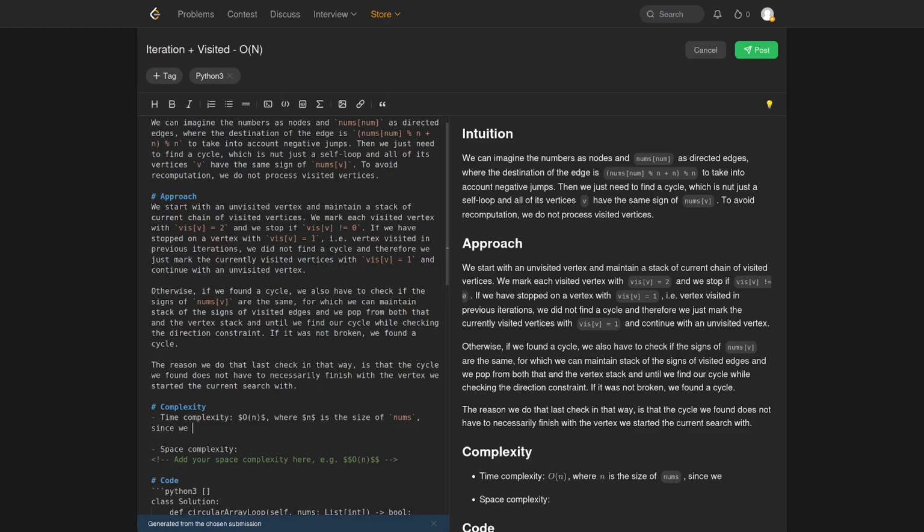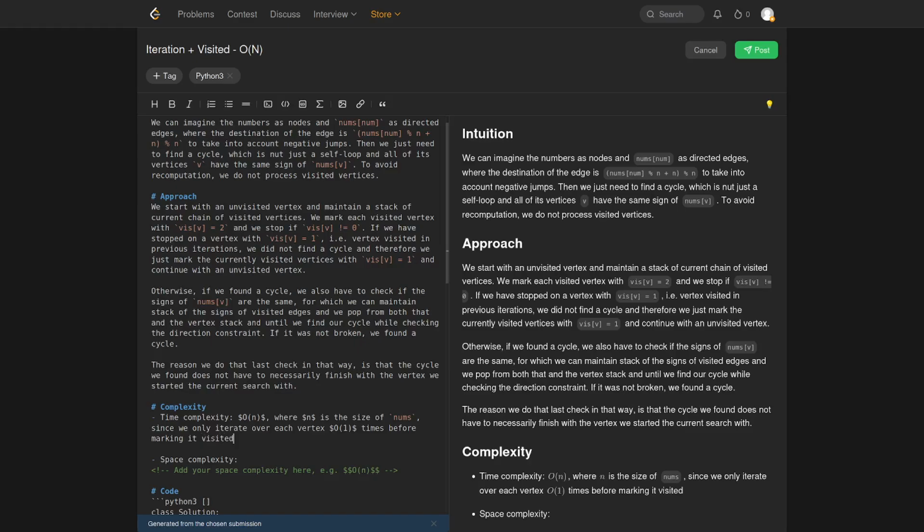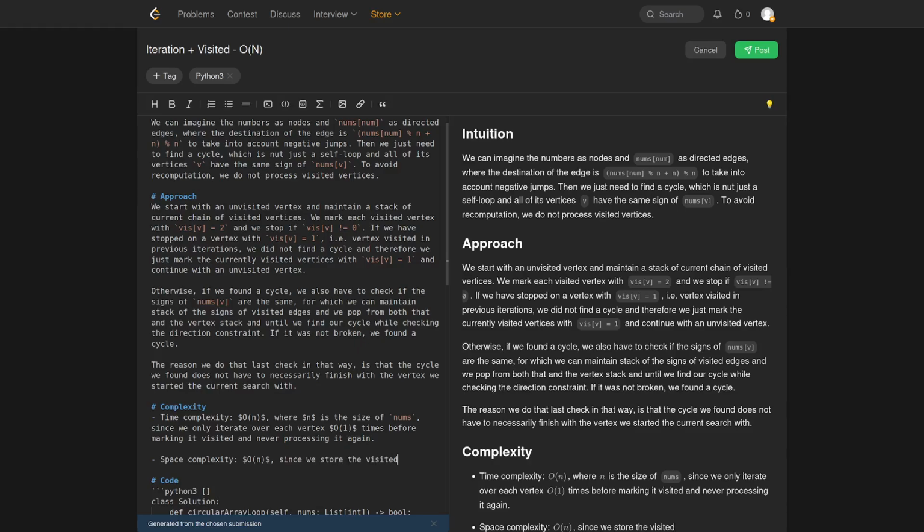We only go over each vertex one time before marking it visited and never processing it again. Since we store the visited array and the vertex and sign stacks, somewhere here is a direction.